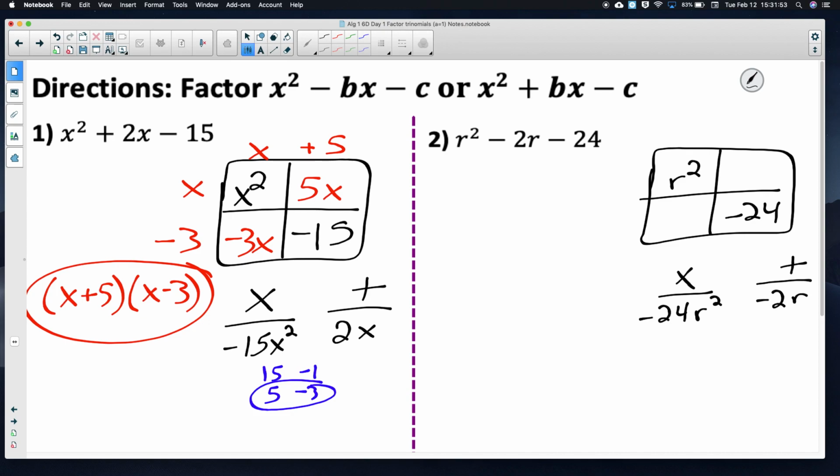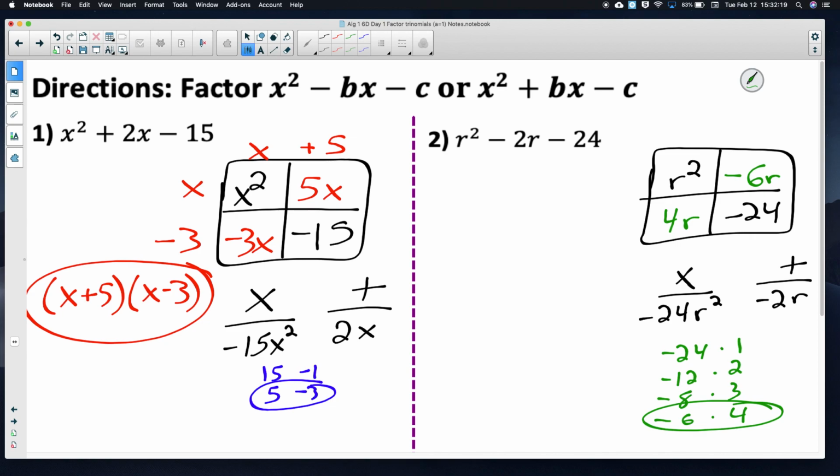So if I list these factors, I'm going to get negative 24 and 1, negative 12 and 2. Next is going to be negative 8 and 3. Then negative 6 and 4. And I see right there, negative 6 plus 4 is negative 2. So I can fill in the rest of my boxes with negative 6r and 4r.